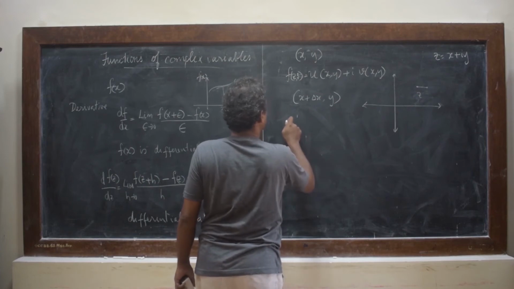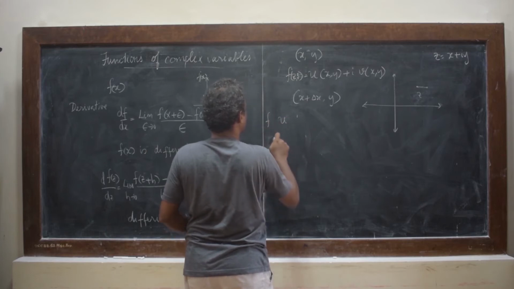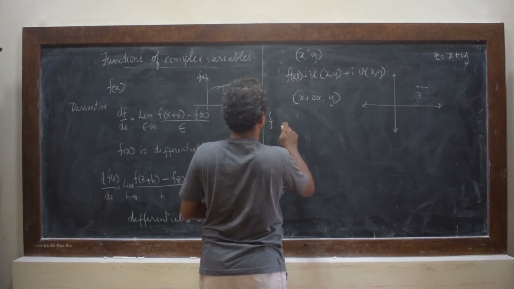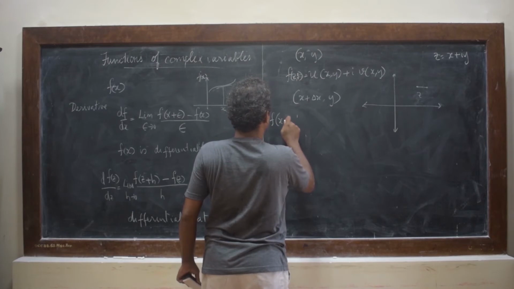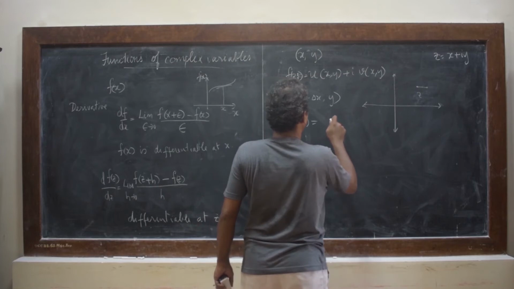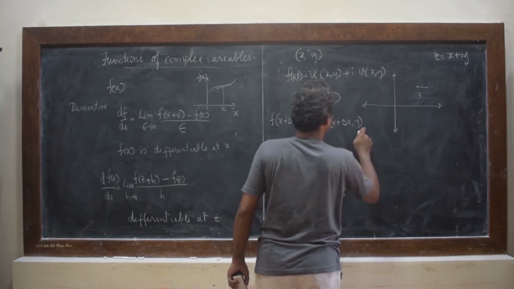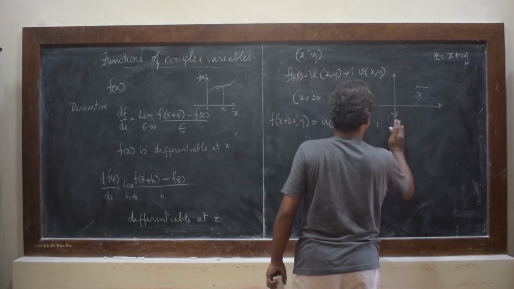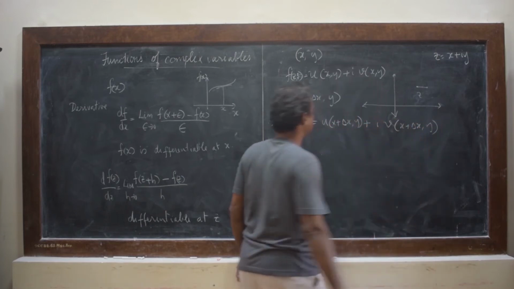The value of function at that point, f at x plus delta x comma y, would be u at x plus delta x comma y plus i into v at x plus delta x comma y.